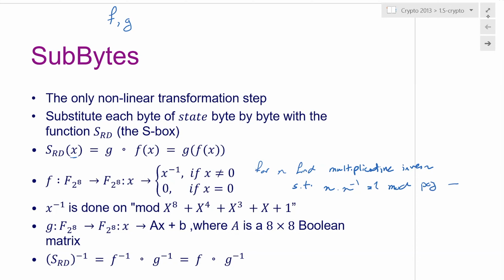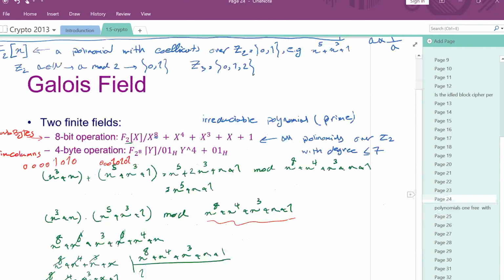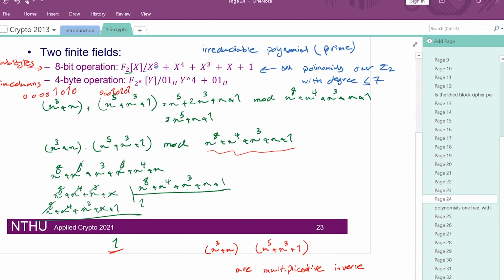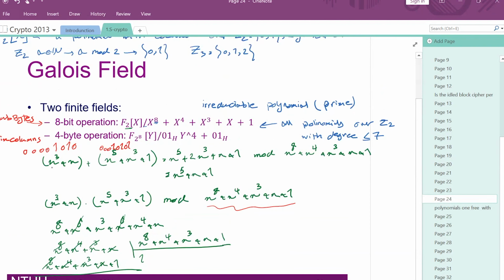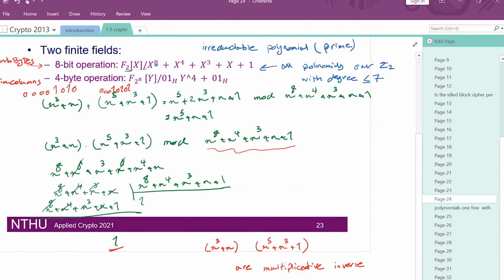So for example, let me go back. If this is our polynomial, x^8 plus x^4 and so on, this is our field. If I give you the input x^3 plus x, the output of the f function would be x^5 plus x^3 plus 1. Why? Because if I multiply these two polynomials to each other, I get 1, right?